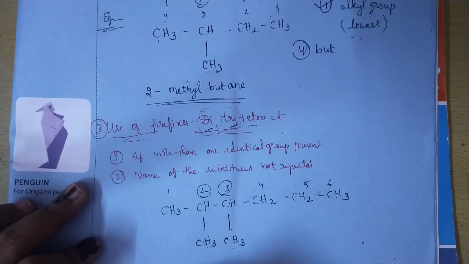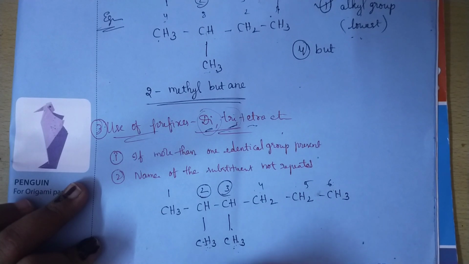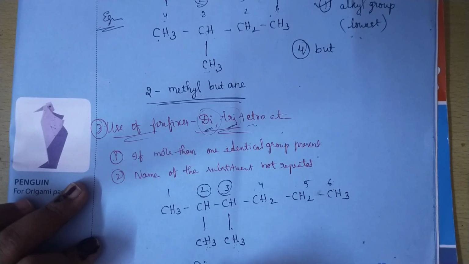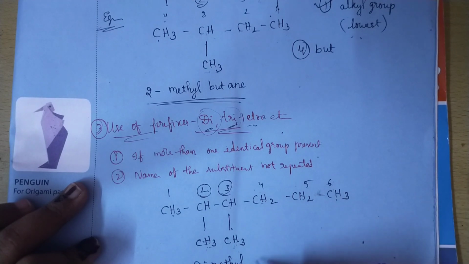So we have to write the numbers first: 2, 3, meaning in the place of 2 and 3, what is there? Methyl. CH3 is methyl. How many methyls are here? Two. So instead of two we have to write di. Very good. 2,3-dimethyl. 1 2 3 4 5 6, how many carbons?